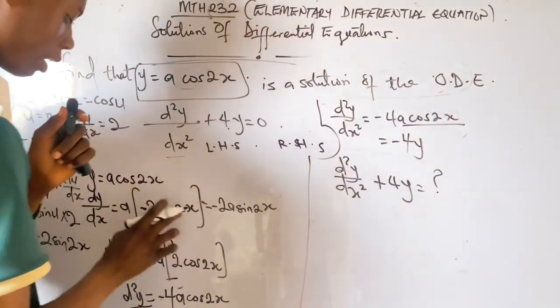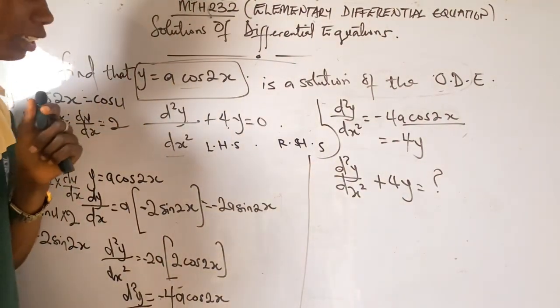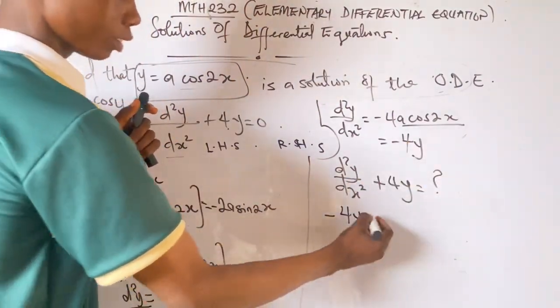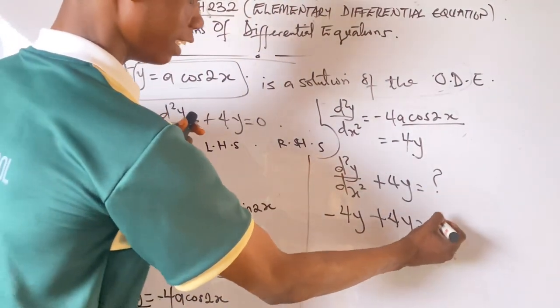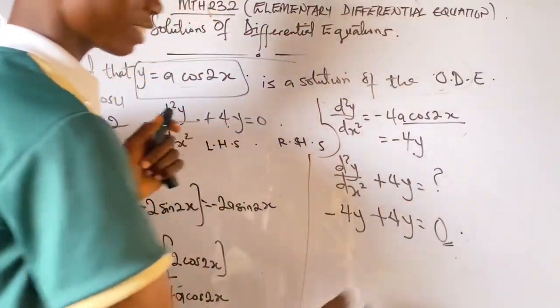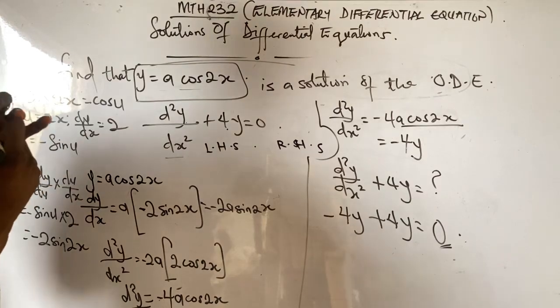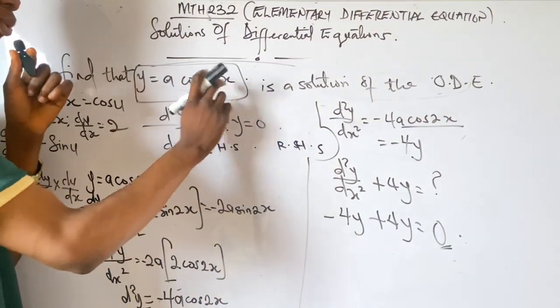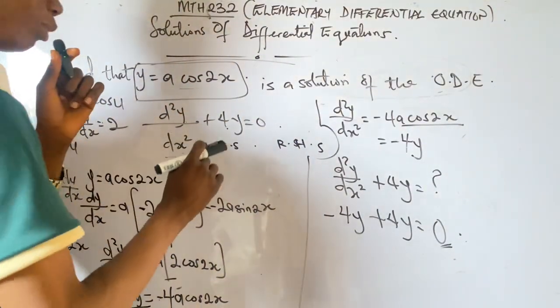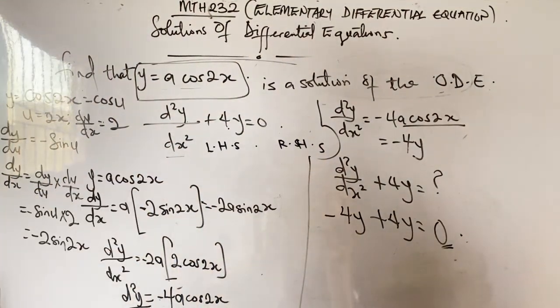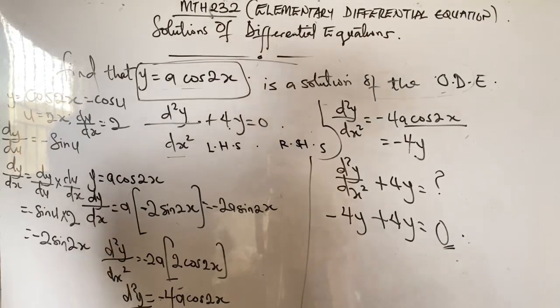When we did our calculation, what did we get as d²y/dx²? We got minus 4y, right? So let's add plus 4y. What is the answer? 0. So the left hand side is equal to the right hand side. Hence, y = A cos 2x is indeed a solution of d²y/dx² plus 4y equals 0. So that's that about that.